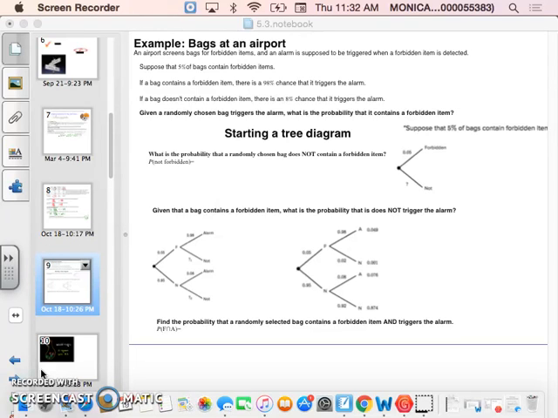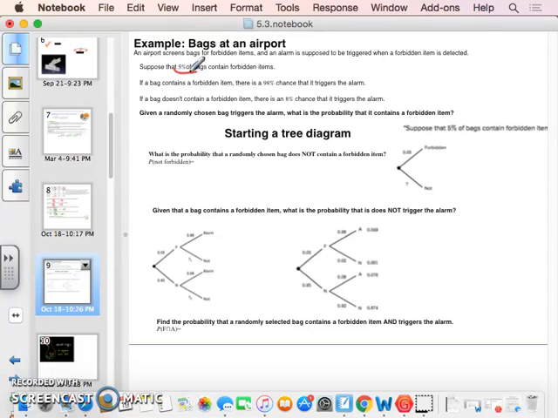This is some given information for us, that 5% of bags contain forbidden items. If a bag contains a forbidden item, there's a 98% chance that it triggers an alarm. And if a bag does not contain a forbidden item, there's an 8% chance of triggering an alarm.